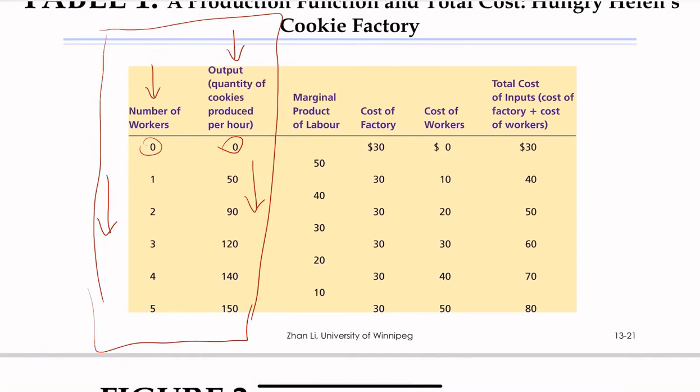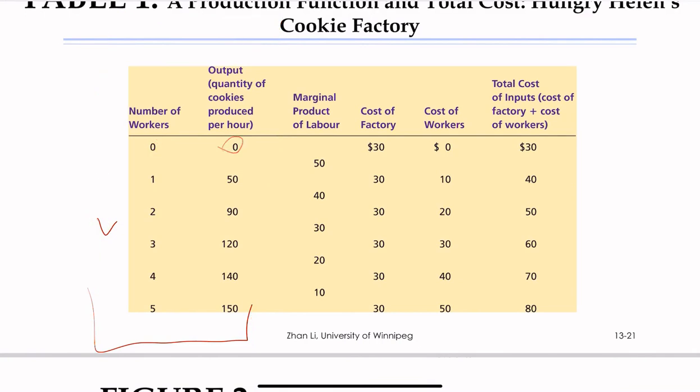We could examine the definition of marginal product in this table. The marginal product is given by the third column. Here our only input is the workers' labor, so we will call the marginal product the marginal product of labor.